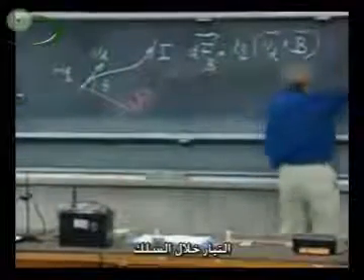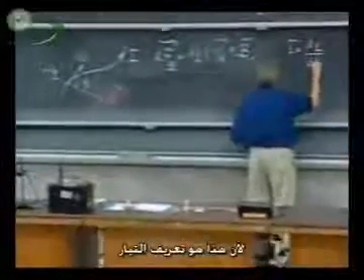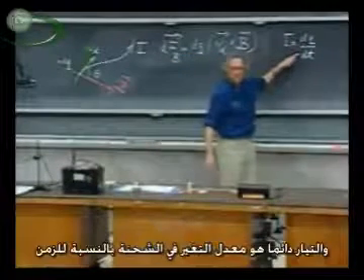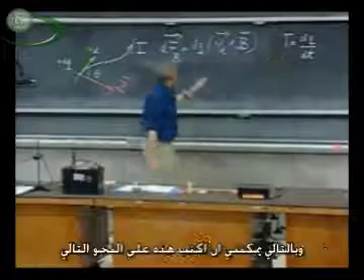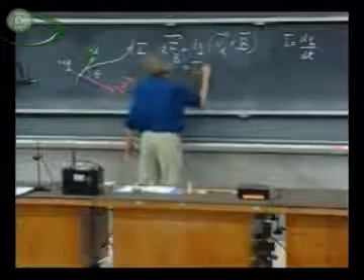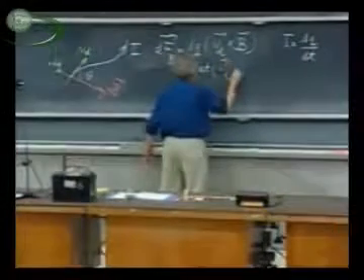The current through the wire, everywhere in the wire, must be dq/dt, because that's the definition of current. How many coulombs per second? The current is always dq/dt. So I can also write this as I dt times vd cross B.